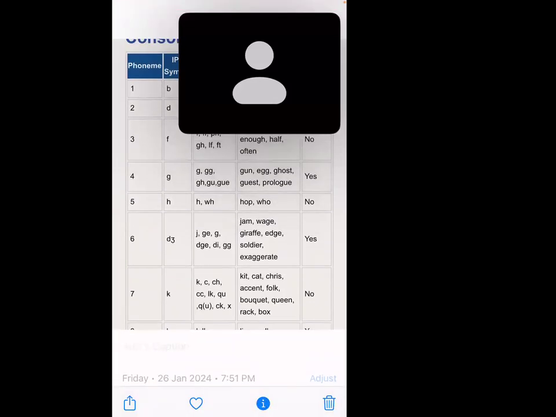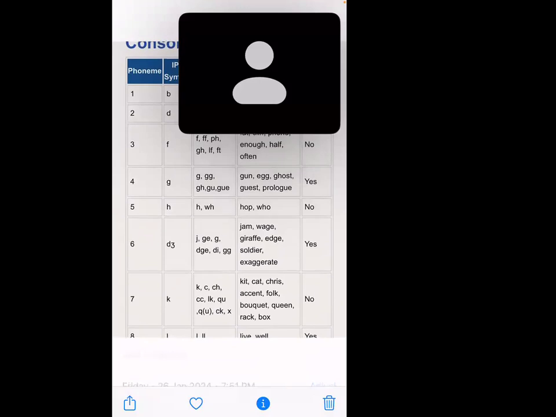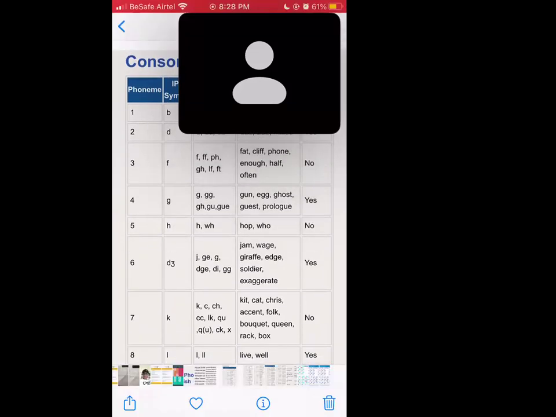Okay, number 7. K. For this sound, and then CK and even X. You have examples of words.